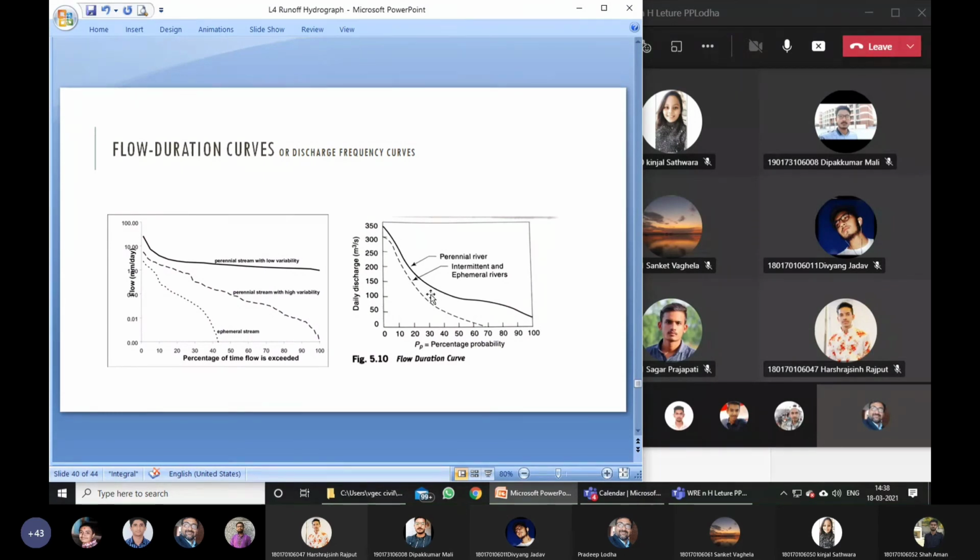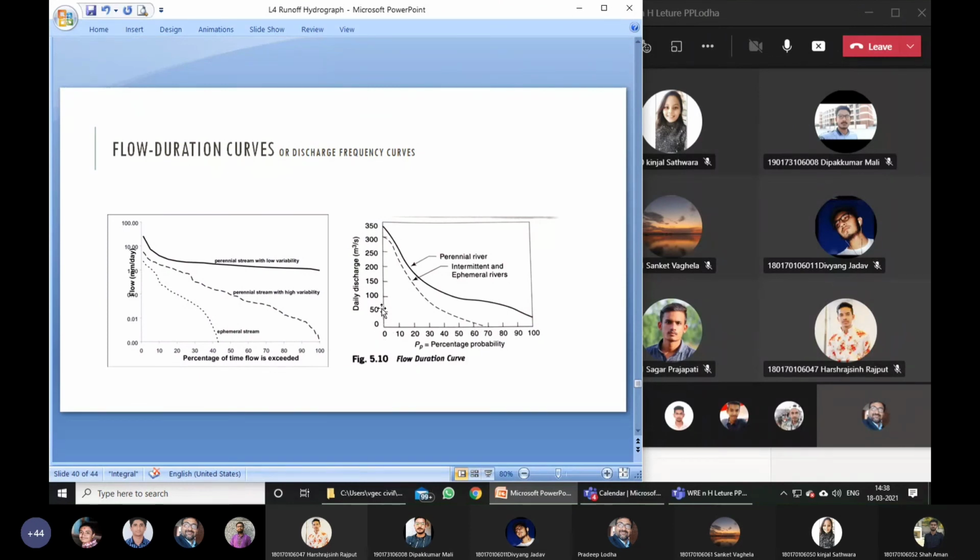But if I talk about the second river, this river doesn't have any flow for 100% probability. Even 90% no, 80% no, 70% no, only at 65% probability is there something, tending to zero.